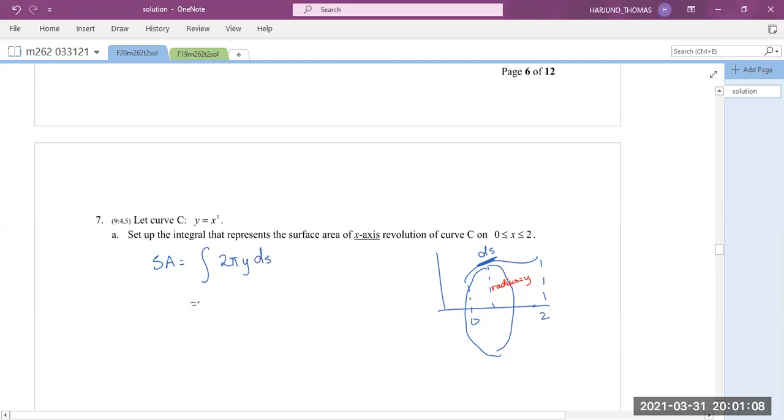Now that will be from 0 to 2, the y will be x cubed, ds, square root of 1 plus y prime, that is 3x squared, being squared, dx. That's the setup.